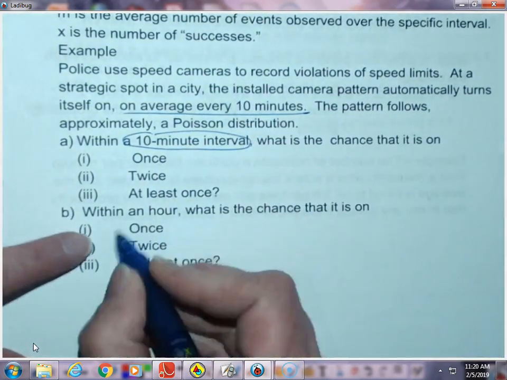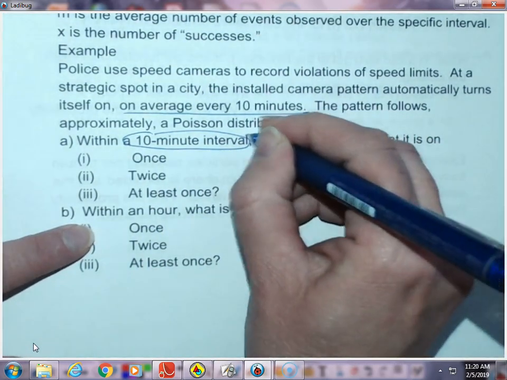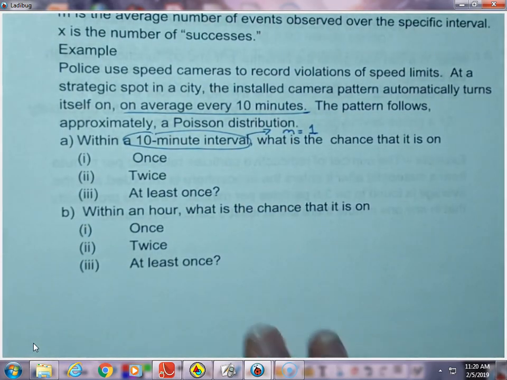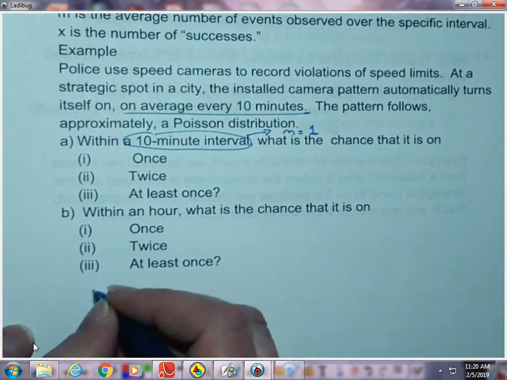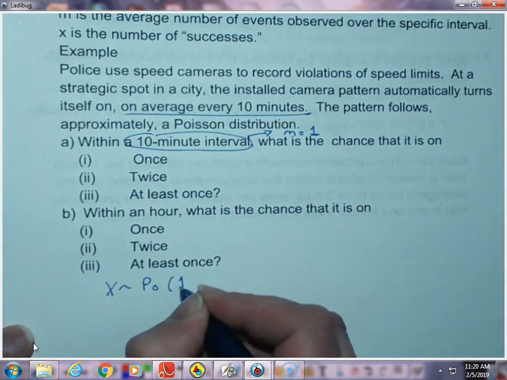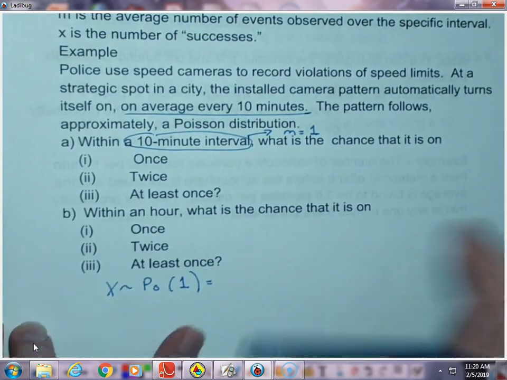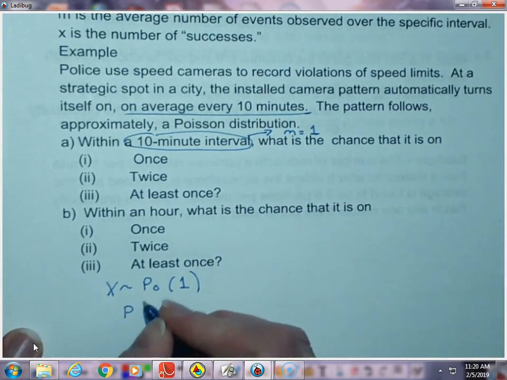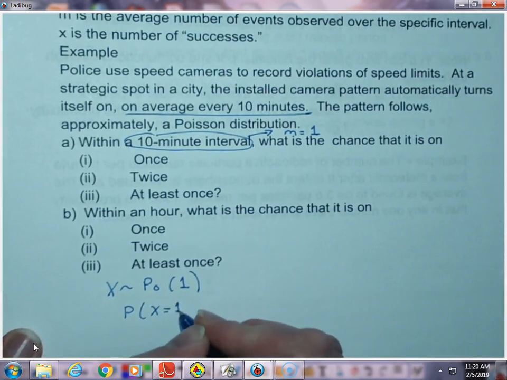Now, if your interval changes, like it's going to down here, it's going to change your average. They gave us that, and that's all we need. So this is a Poisson distribution with an average of 1. Then they want me to find the probability that it is on once.